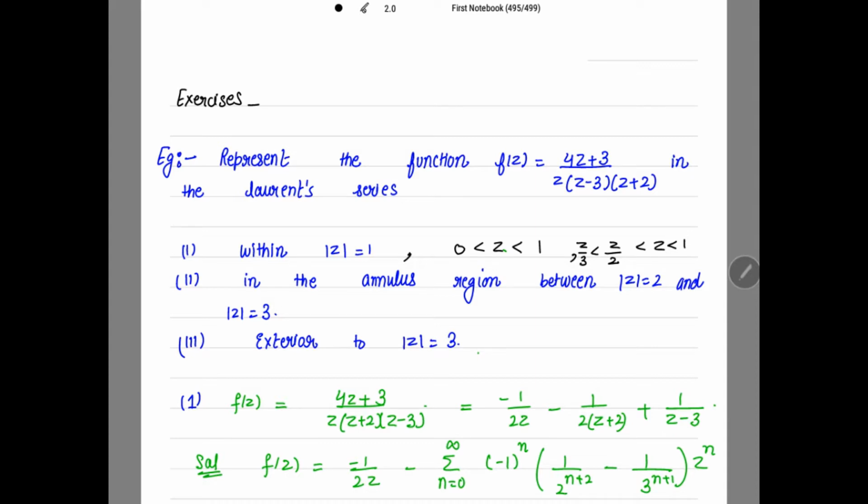Second, in the analytic region between mod z equal to 2 and mod z equal to 3. Now analytic region is given to you, which means you have mod z lying between 2 and 3.